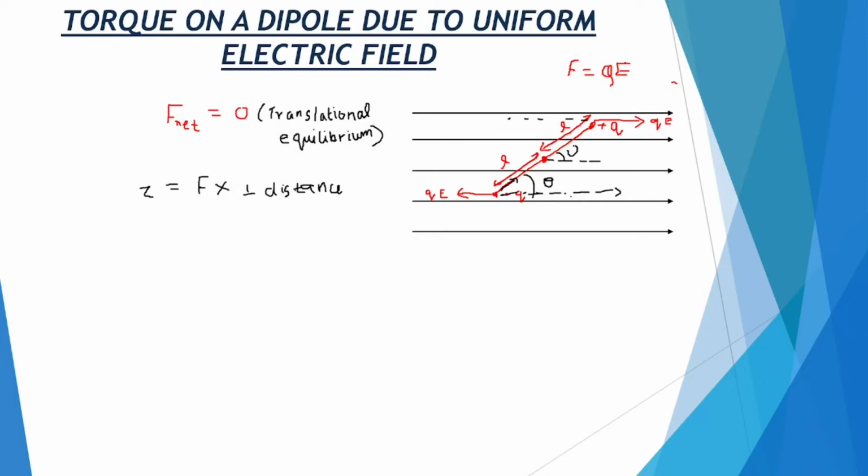Now let's look at what this perpendicular distance is. This perpendicular distance is the distance between the force and the axis of rotation. So force is acting here, so this is the force. And what is the axis of rotation? Here you should imagine this in a 3D way. The axis of rotation will be the projection from this middle point, right?